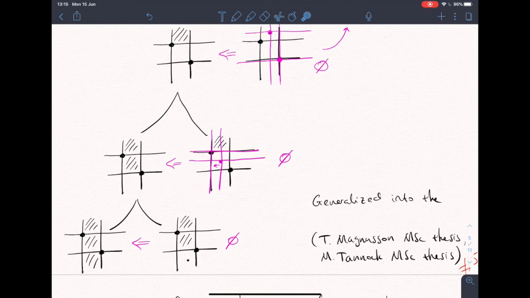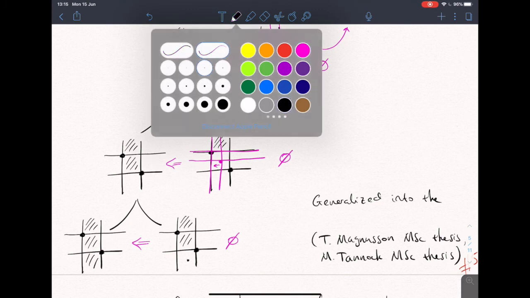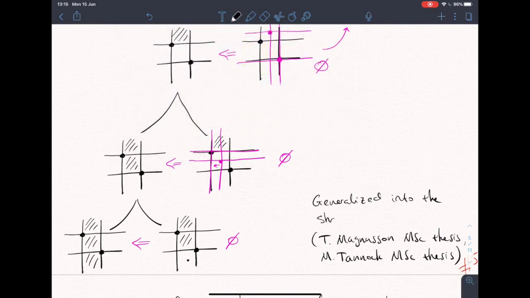And these simple steps I was taking, these were generalized into what we ended up calling the shading algorithm, which Thomas Magnusson described and implemented in his master's thesis. Murray Tannock then considered a different type of this problem where you're looking at mesh patterns inside permutations that avoid some other classical patterns.